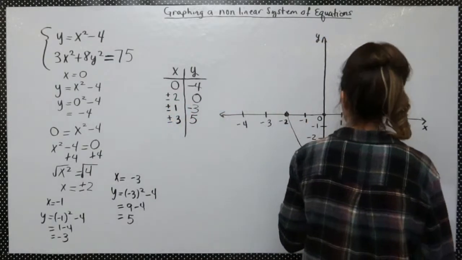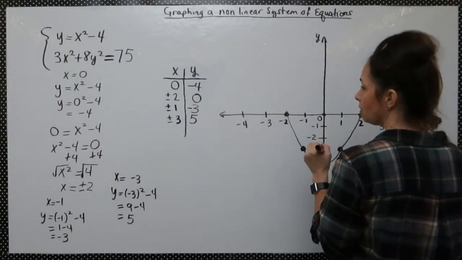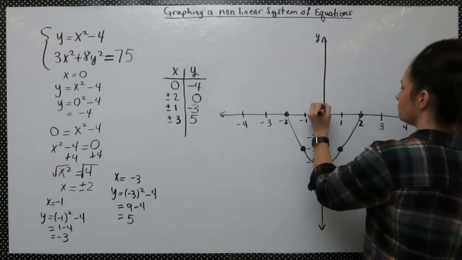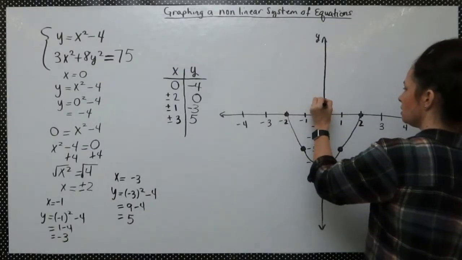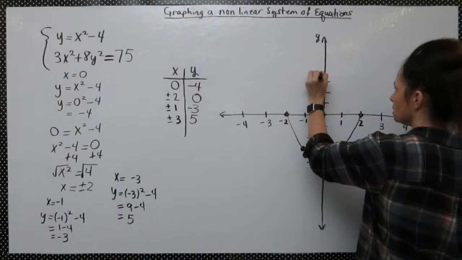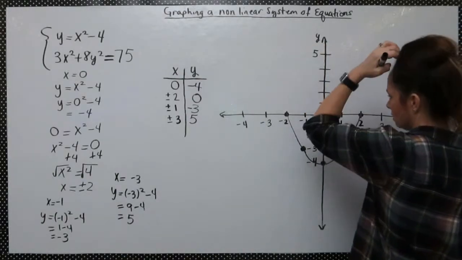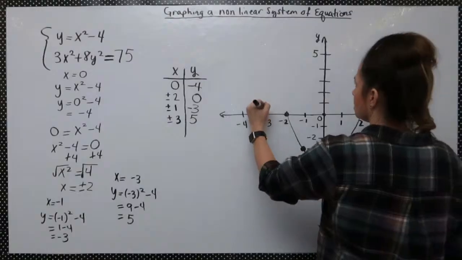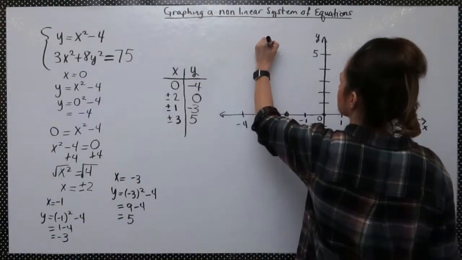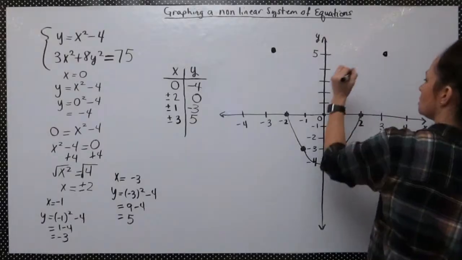That was -3. Wow, we're already all the way up at 5 at -3. So that might be good enough for me. There's 1, 2, 3, 4, 5. Okay, that's going to be sufficient.